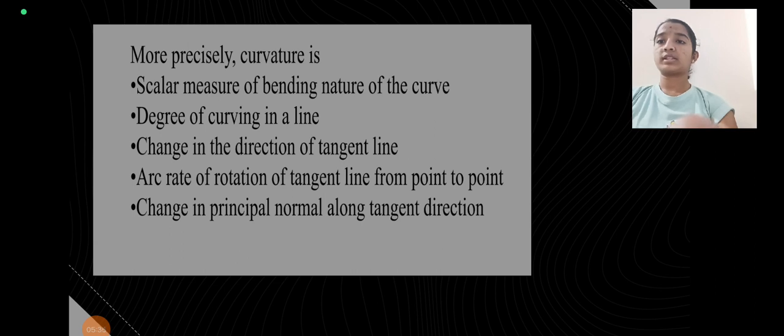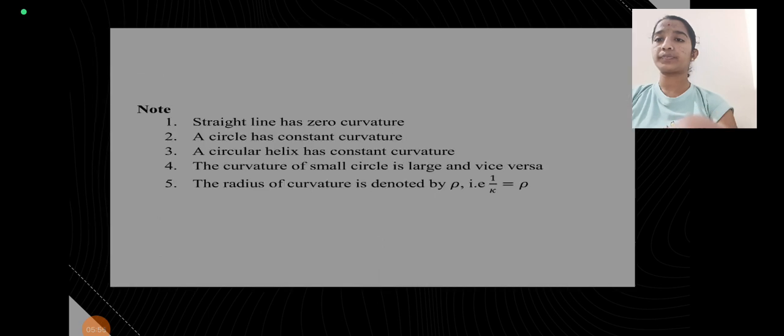More precisely, curvature is a scalar measure of the bending nature of the curve, the degree of curving in a line, the change in the direction of the tangent line, the rate of rotation of the tangent line from point to point, the change in principal normal along the tangent direction.